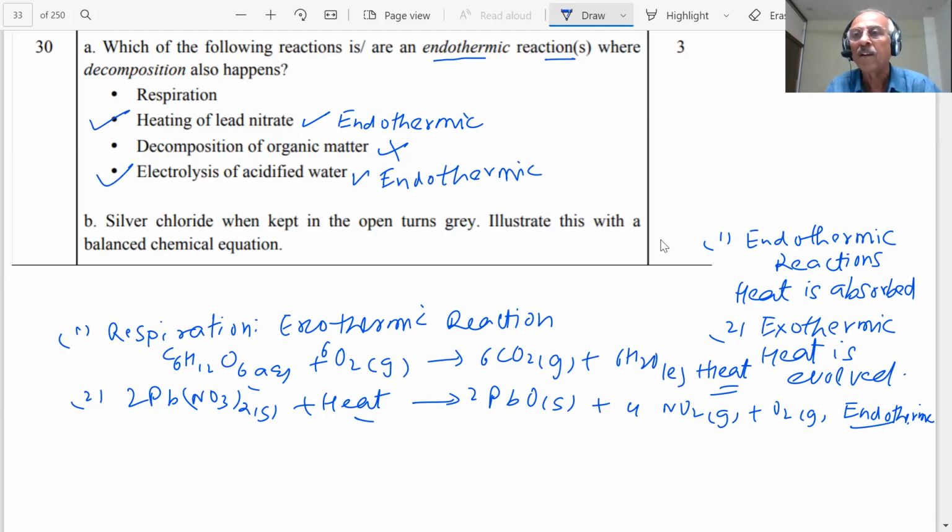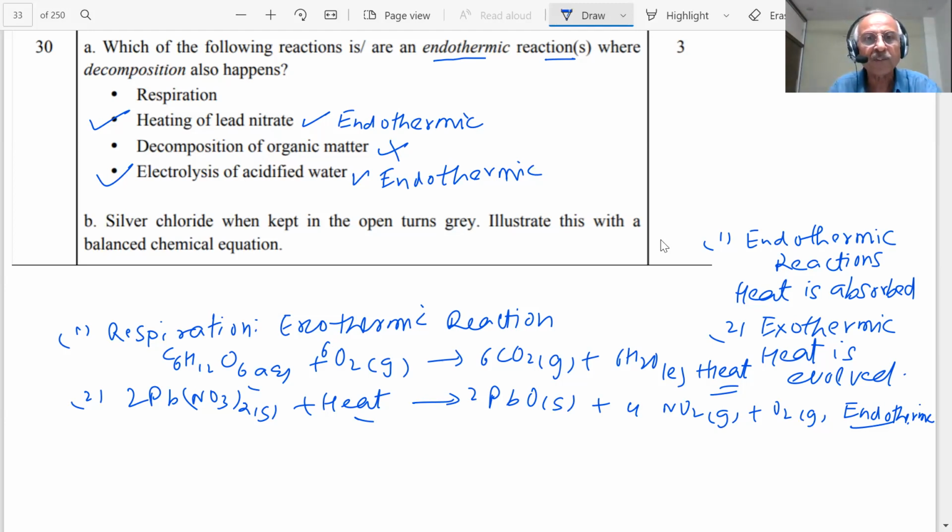When you pass electric current through water, in the book you will see a 6-volt battery attached to the water, and there is liberation of gases at the two electrodes.